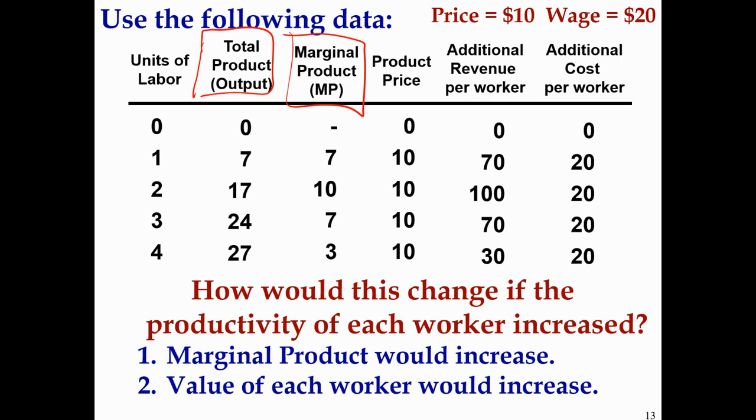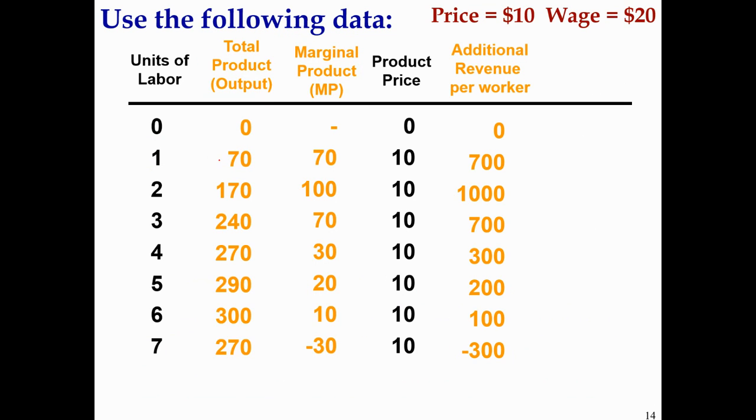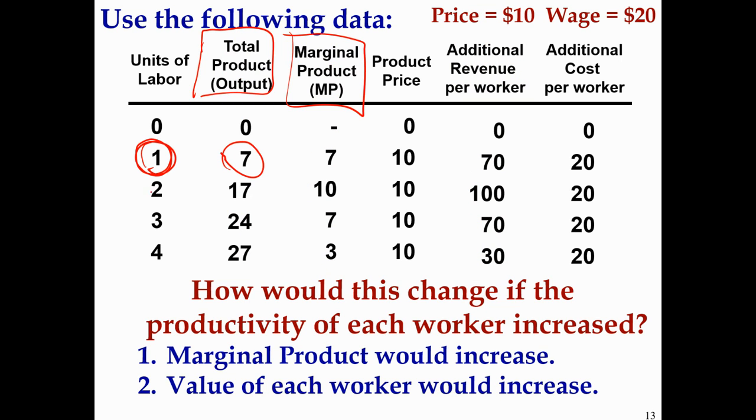So here, if one unit of labor could produce 7, and now because the productivity increased, they can produce 70, my marginal product changes and my additional revenue per worker also changes to 700. So it was 70, now it's 700. Here, for 2 units of labor, they could produce 17.